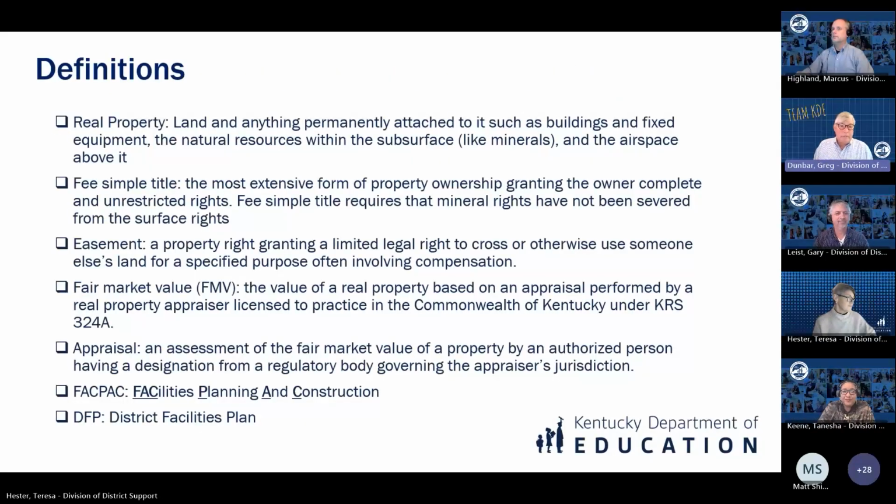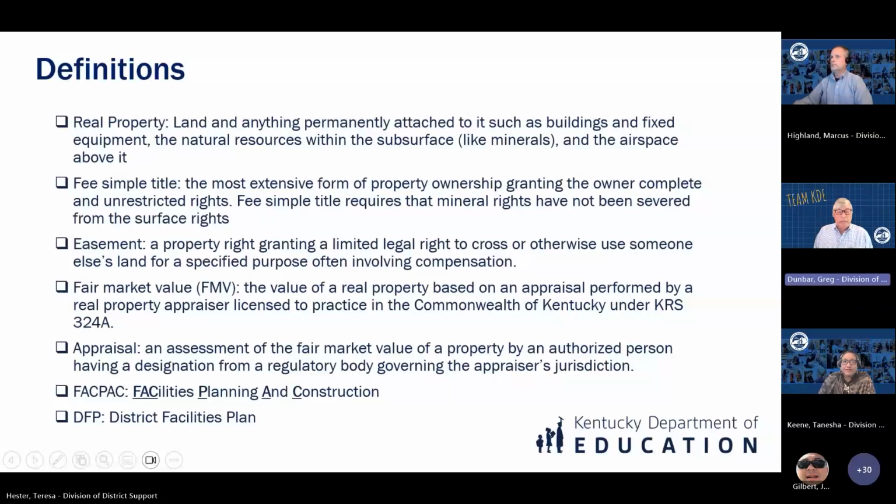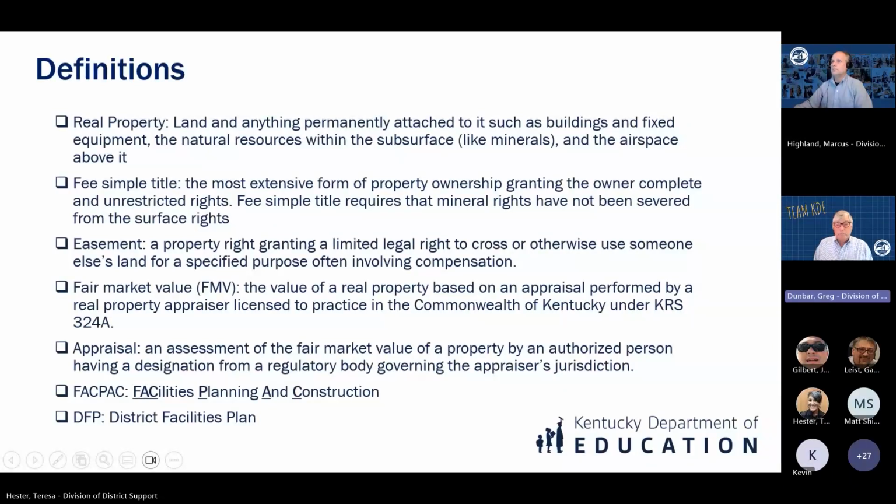So here are some definitions that you will see, the terms in various locations throughout the presentation, statutes, the regulation. So real property.